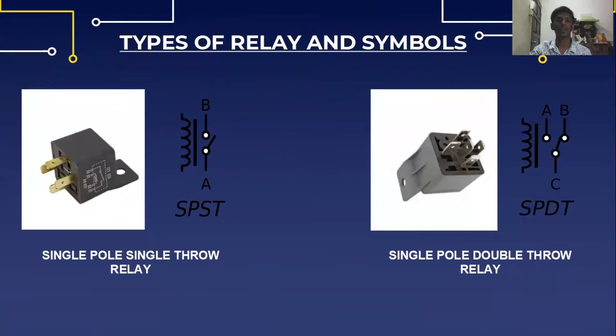Next, we will be talking about types of relay and symbols. First of all, we have the single pole, single throw relay. Here we see a diagram of how a real life single pole, single throw relay looks, and also the symbol that will be used. There are two types: normally open and normally closed.